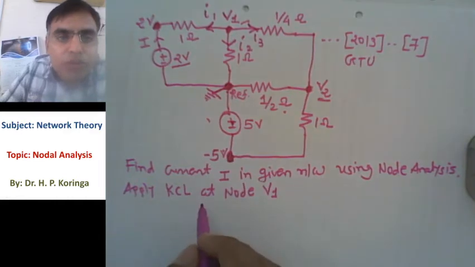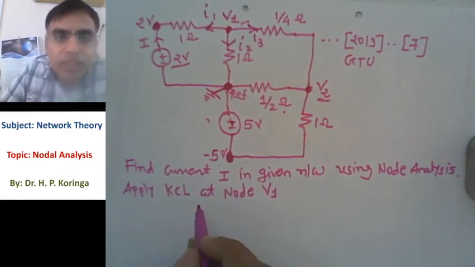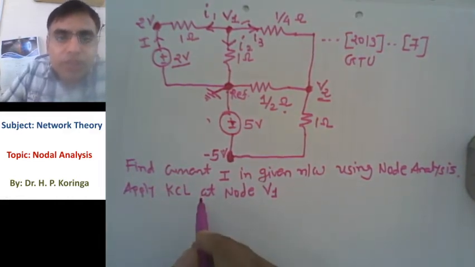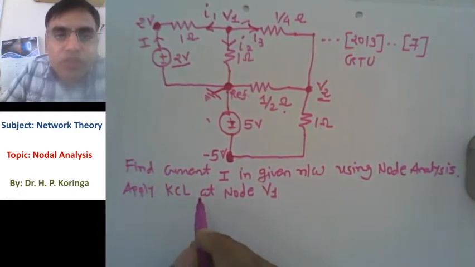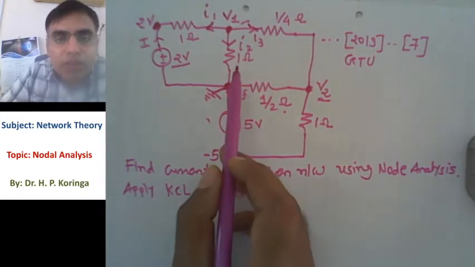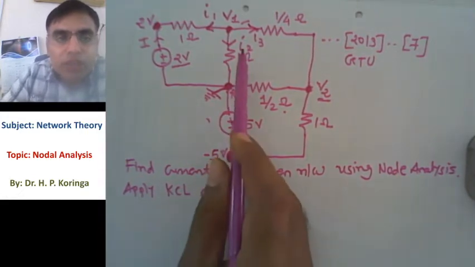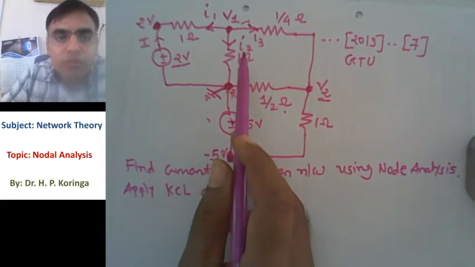So at node V1 there are three branches connected. One is a 1 ohm resistance branch, and the current passing through it we have assumed as I1. Another is another 1 ohm resistance branch, and the current passing through it we have assumed as I2.